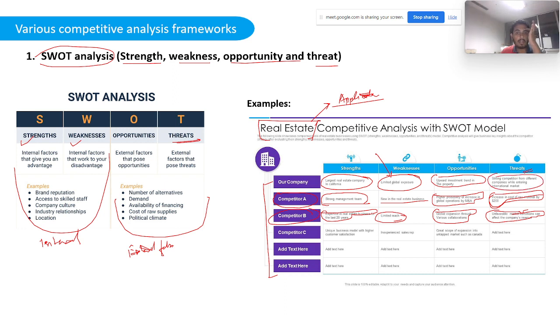So you try to compare various companies and your company's strength, weakness, opportunity, and threats, and then try to do some sort of competitive benchmarking of your product or of your company. So this is what SWOT analysis is. Here we have these features: strength, weakness, opportunity, and threat to analyze our company and our product.